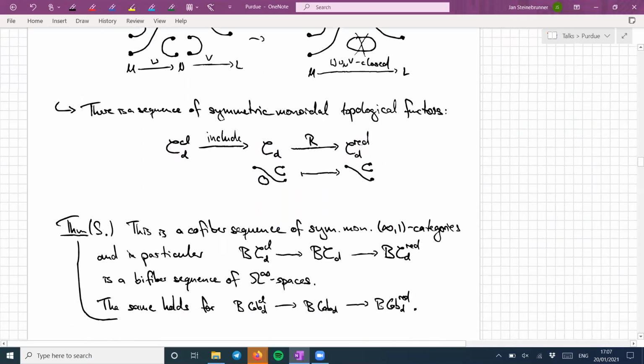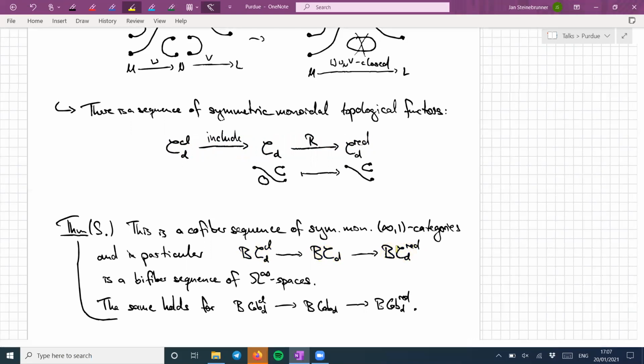All right, but what is true is the next best thing, which is that after taking classifying spaces, the middle thing isn't the product, but it fits into a fiber sequence. So this gives you a fiber sequence of infinite loop spaces. That's how it's stated in the paper.